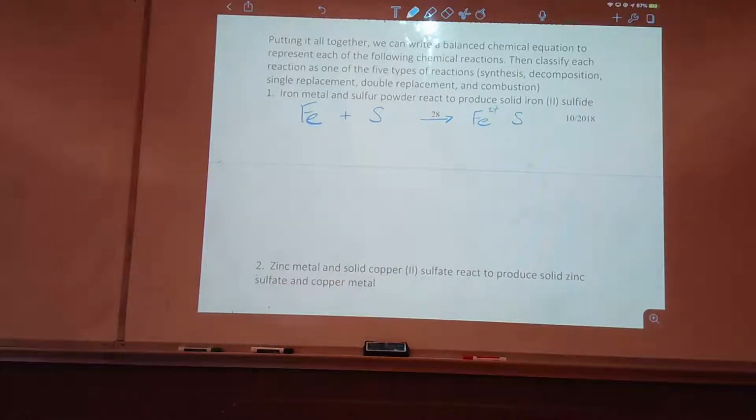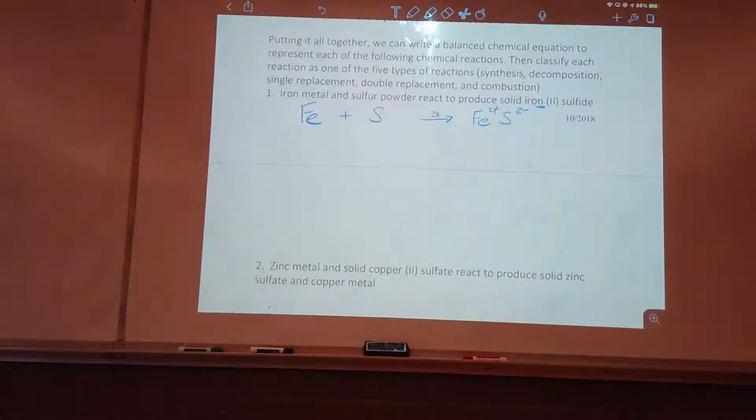We got iron 2 plus, right? Because of the 2. We have sulfide. What is the charge on sulfide? Yeah, so both of these ions have the same charge but opposite. So when they come together, how many of each do we need? One of each.